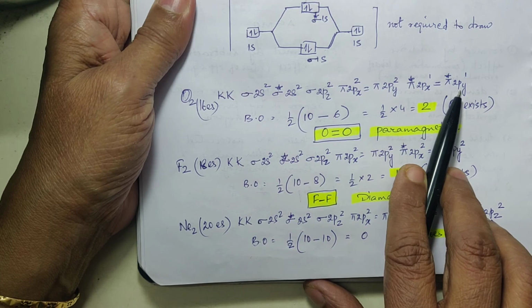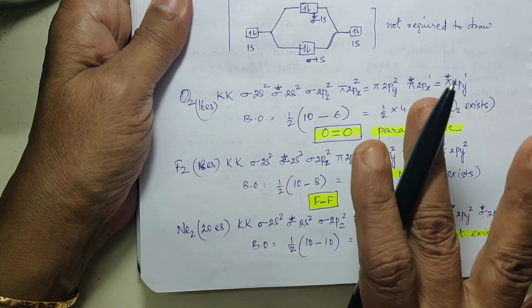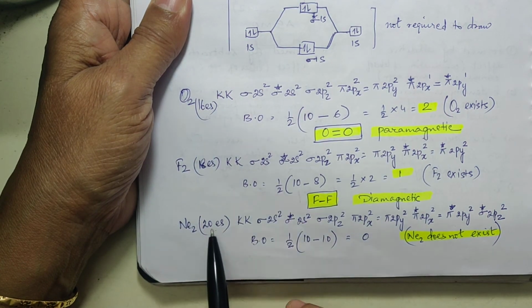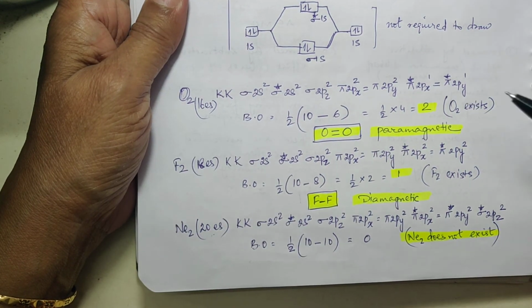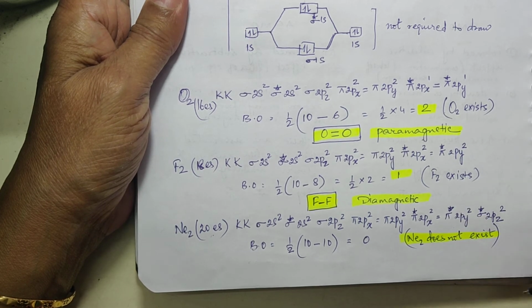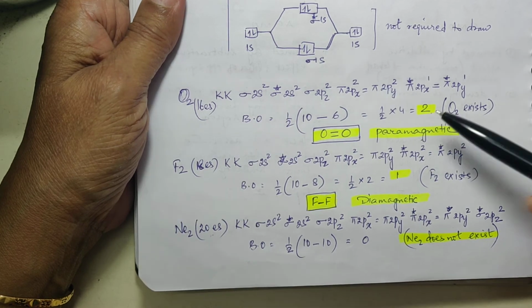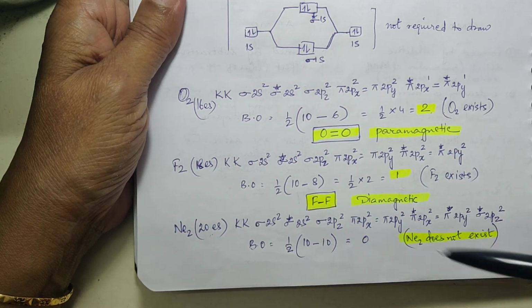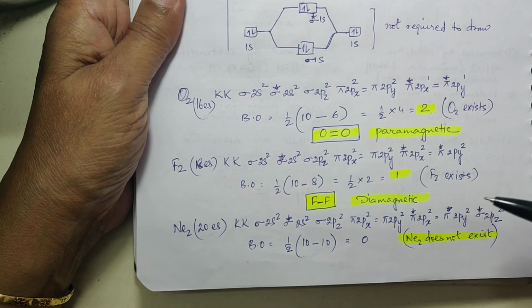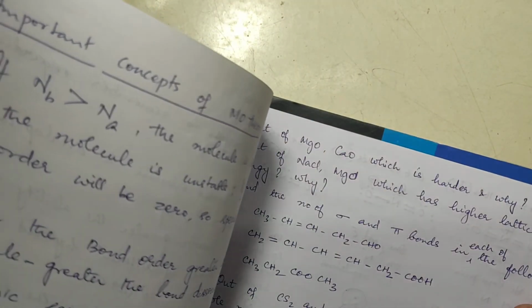Unless you are asked to draw the molecular orbital diagram, you need not draw. Otherwise, you can write the configuration and show all the properties. Bond order क्या है, paramagnetic character, diamagnetic character, everything you can show. Right? So for oxygen it is 2 and for fluorine it is 1 and for neon it is 0. That means neon does not exist in the diatomic state. Right? So that is about your molecular orbital theory.